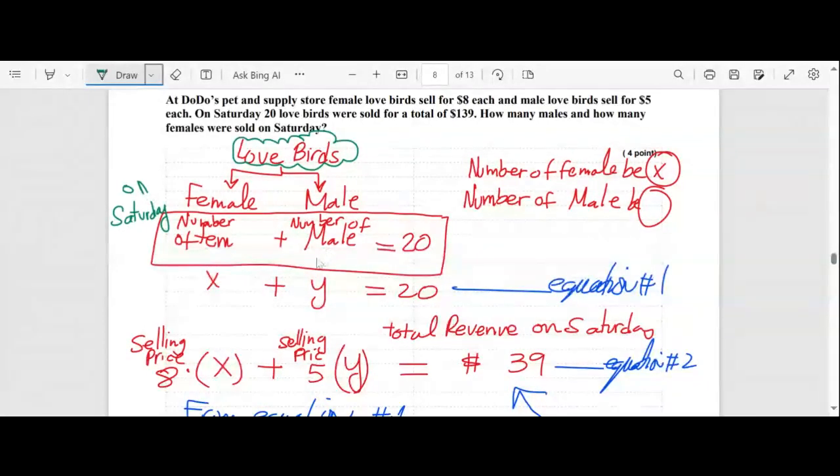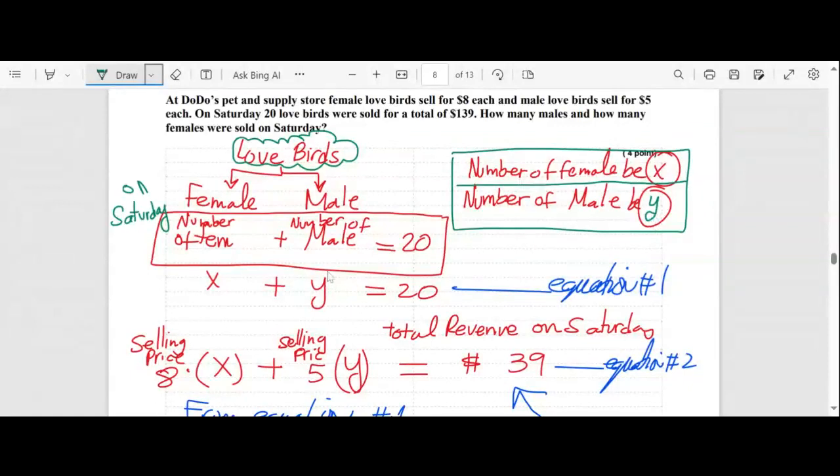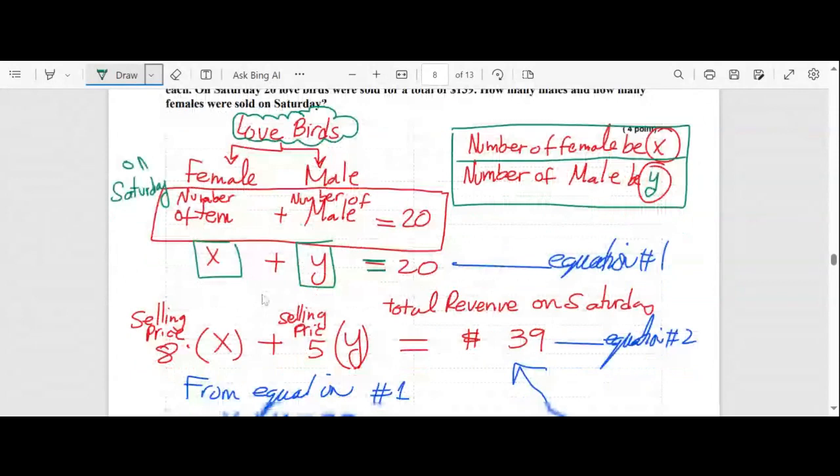To make things easy, I say the number of female will be X and the number of male will be Y. So X plus Y, the number of female plus the number of male, equals 20 birds. That's equation 1.